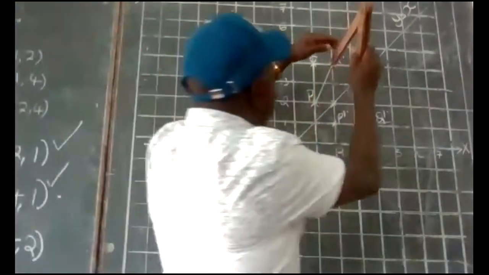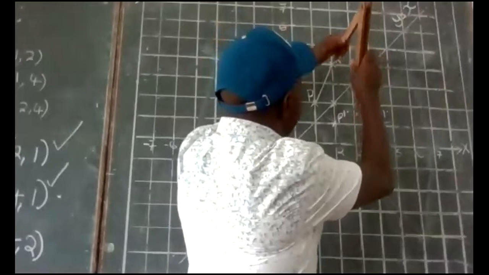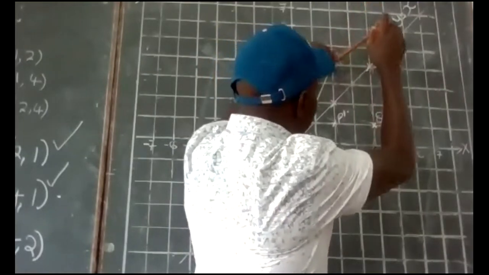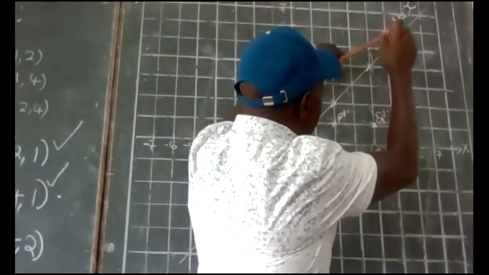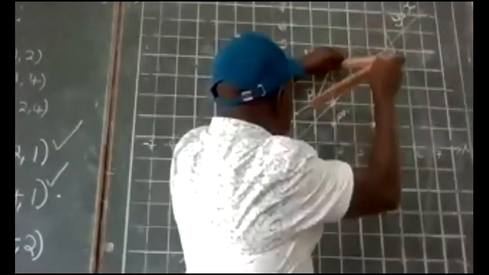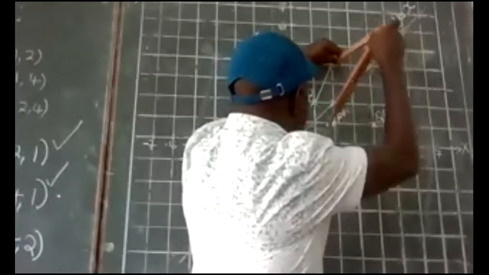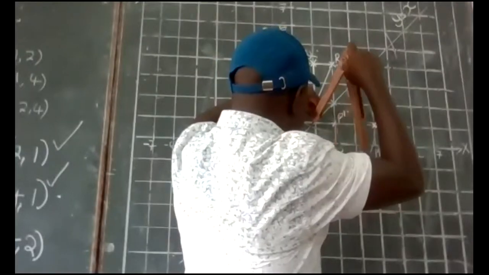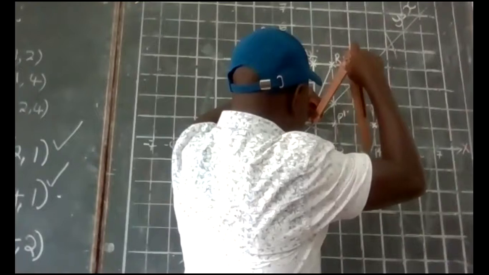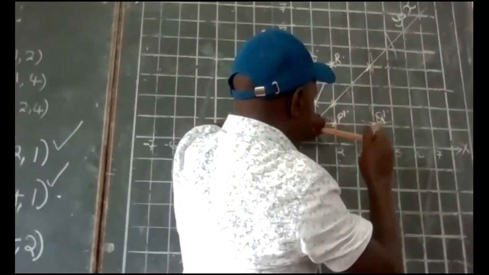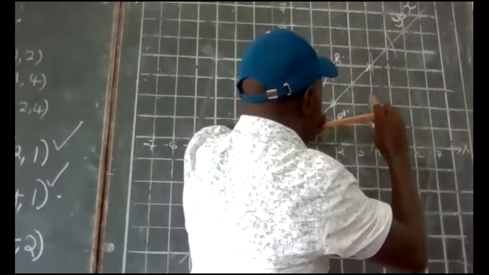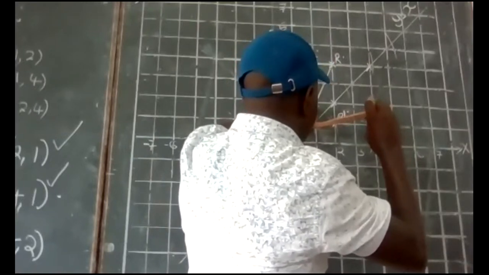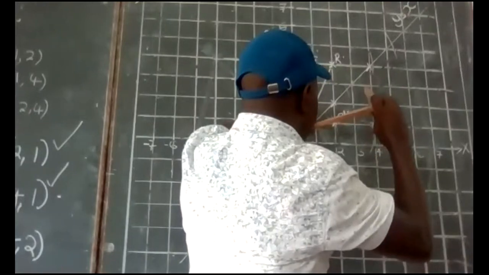I stand at this point. This is the radius of my choice. I cut there and then cut here. Then I stand here, go to the opposite side of the line, and cut.